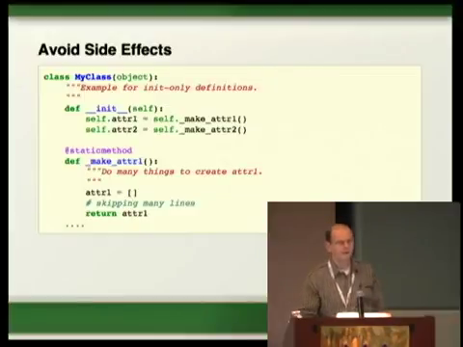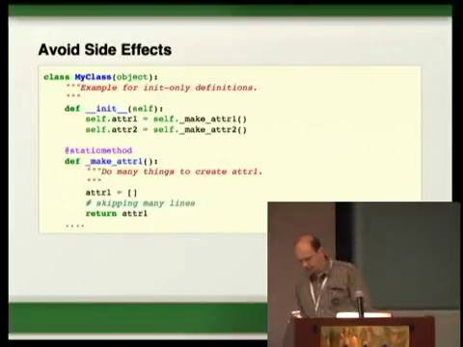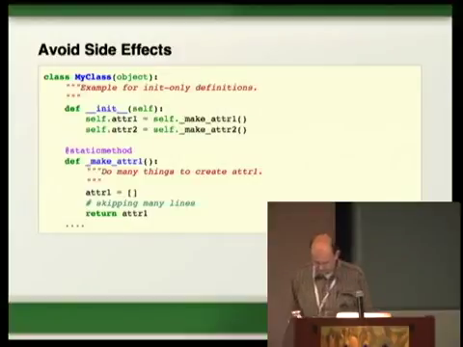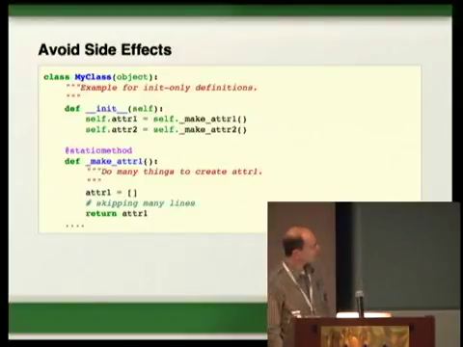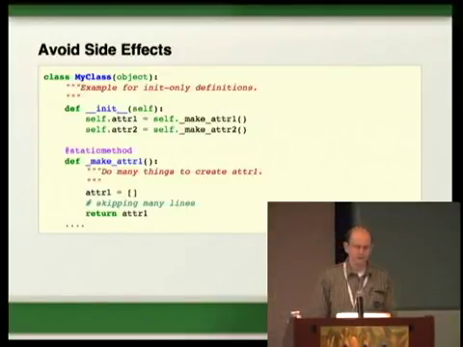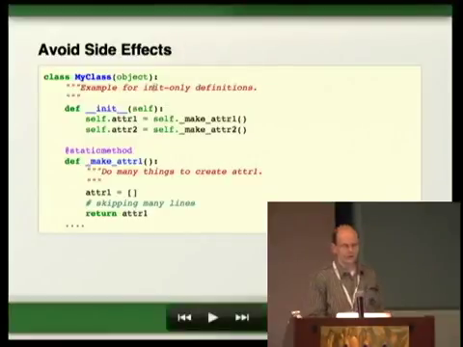For instance, side effects. We still use classes here, but we still try to avoid side effects. That's one way of doing it. Instead of saying self.something equals something in a method, I just call a function that does everything for me. This function tries to be without side effects, just returns something, and then I put it here.